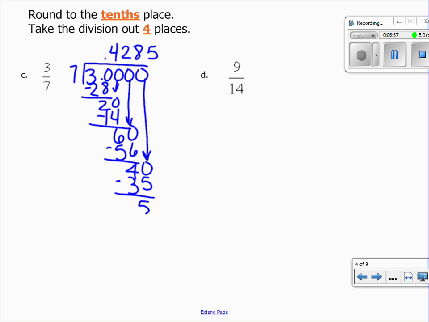Now, as you can see, this is going to continue to go on and on. So, our instructions tell us to take it out 4 places and to round to the tenths place in order to determine what the percent is. So, from decimal, we're going to change it to percent. So, we're going to move it 2 places over. And then, since we're rounding to the tenths place, my 8 is going to look at the 5. So 3 out of 7 is going to be approximately 42 9/10%.